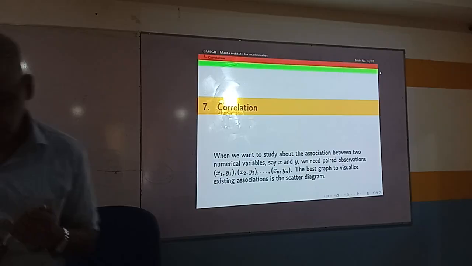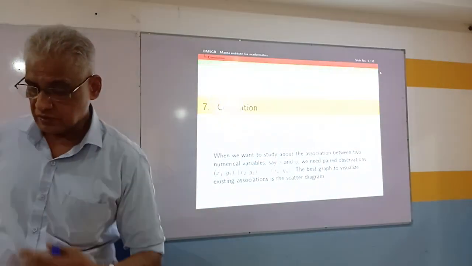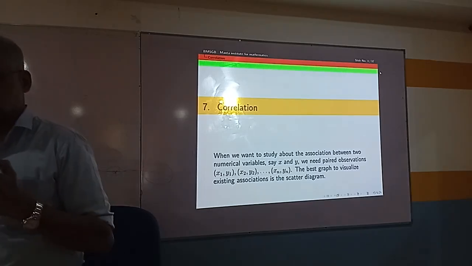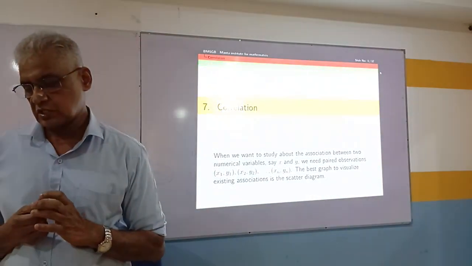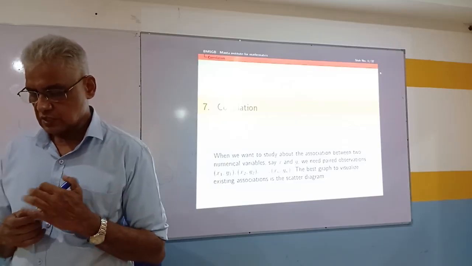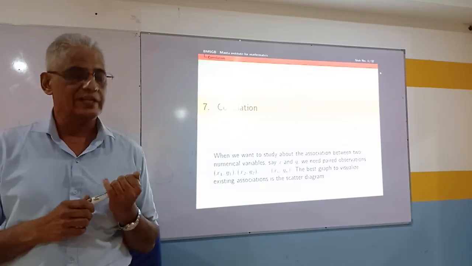Once you have paired observations, the best graph to see whether there is any association, and if there is, what kind of association, is called the scatter diagram.